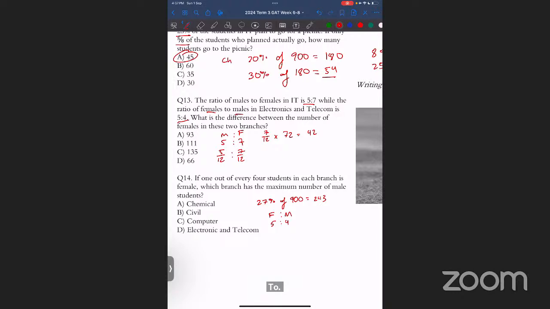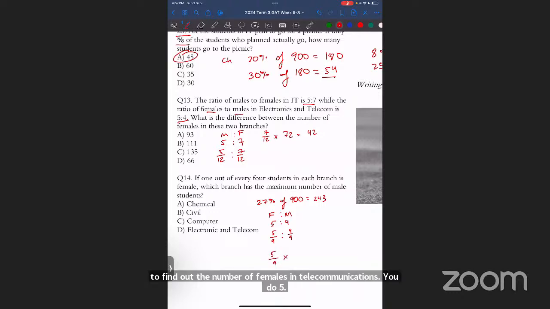Or another way of saying it is that it is 5/9 to 4/9. And to find out the number of females in telecommunications, you do 5/9 multiplied by 243, and you get 135.